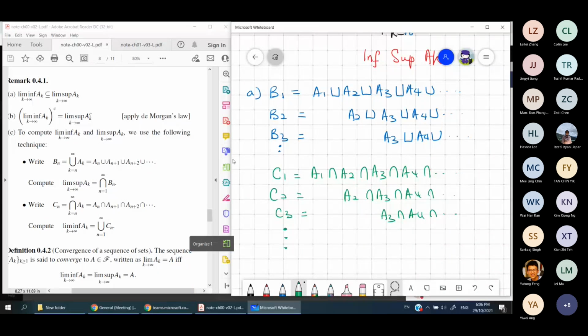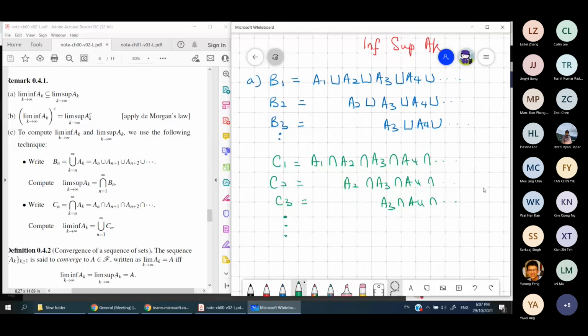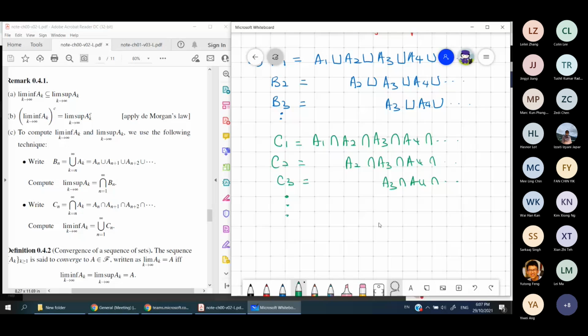Once we have constructed these two sequences of sets, Bn and Cn, we can use them to compute our limit infimum and limit supremum. The limit supremum of AK will be, so this is a union, you can take notes of this, okay, Bn, and then we take the intersection for all the Bn, n from 1 to infinity.